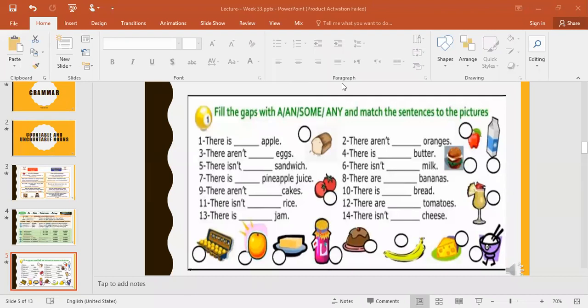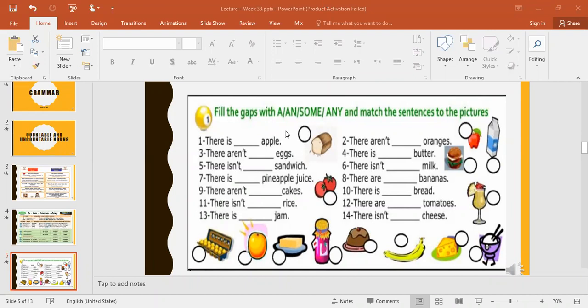There aren't any oranges. Very good. Maya. There is some butter. Yes. Hassan. There isn't any milk. Very good. Thank you, Hassan.